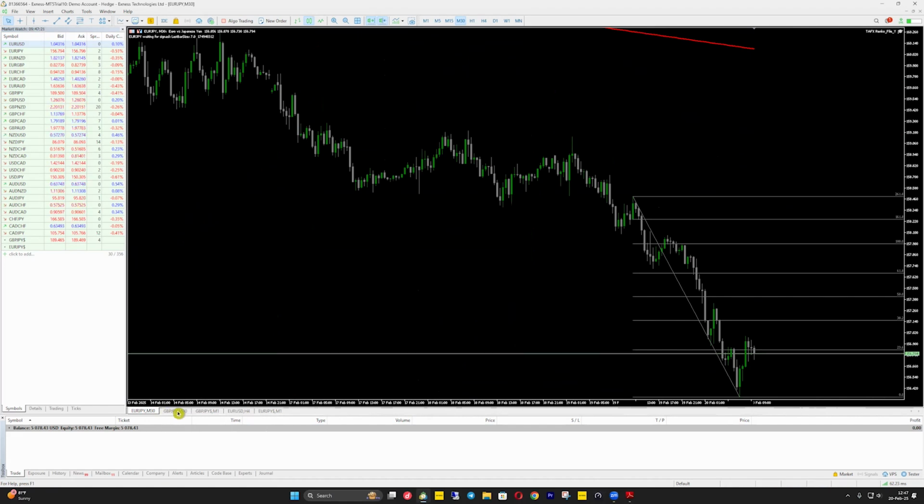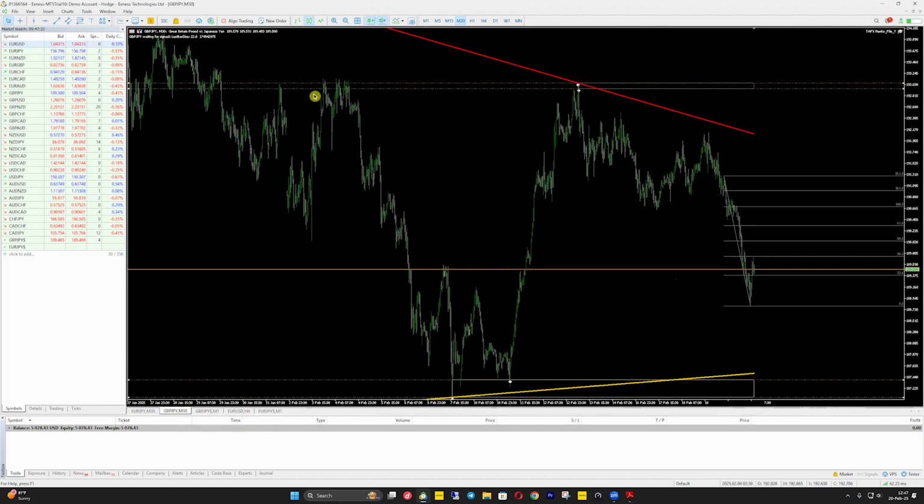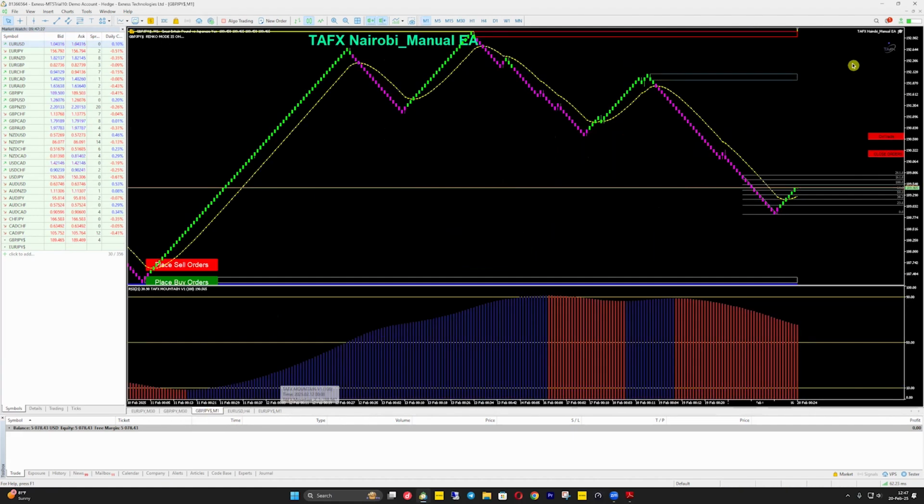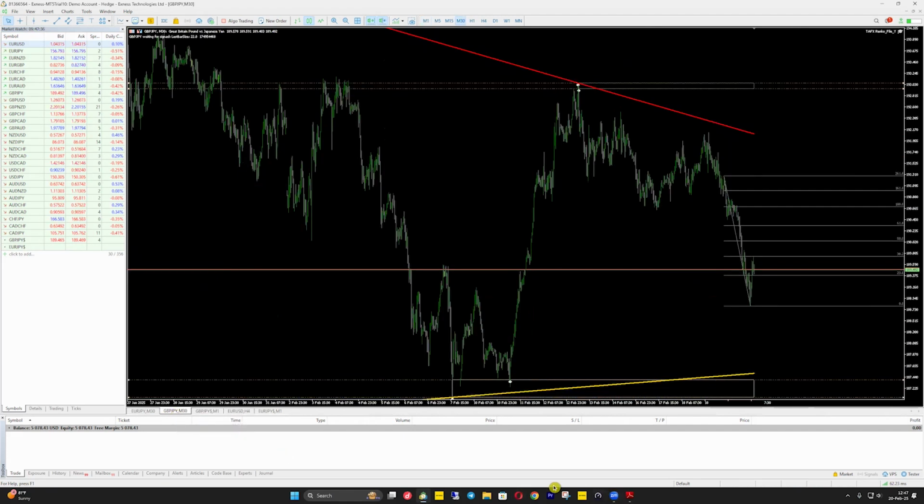No. After attaching everything, let the EA run, even if you are trading manually, let the Nairobi EA collect every data, all right? Collect every analysis. That's why we call them technical analysis tools.